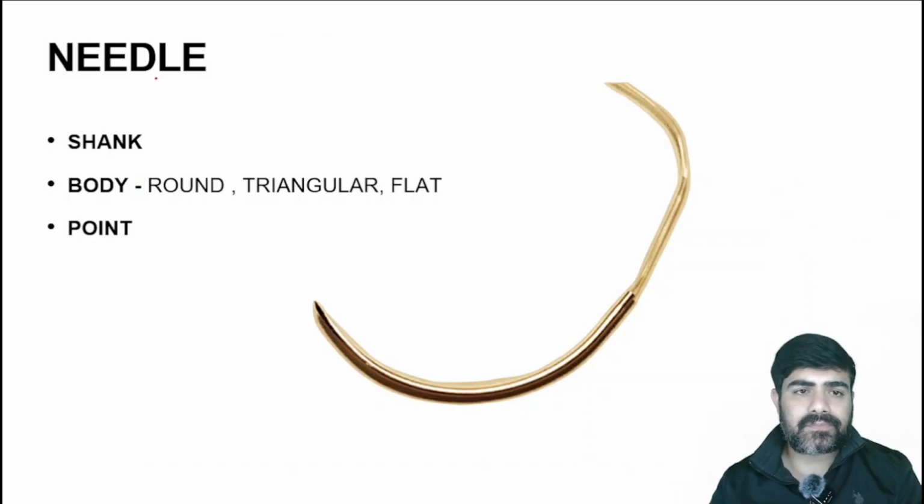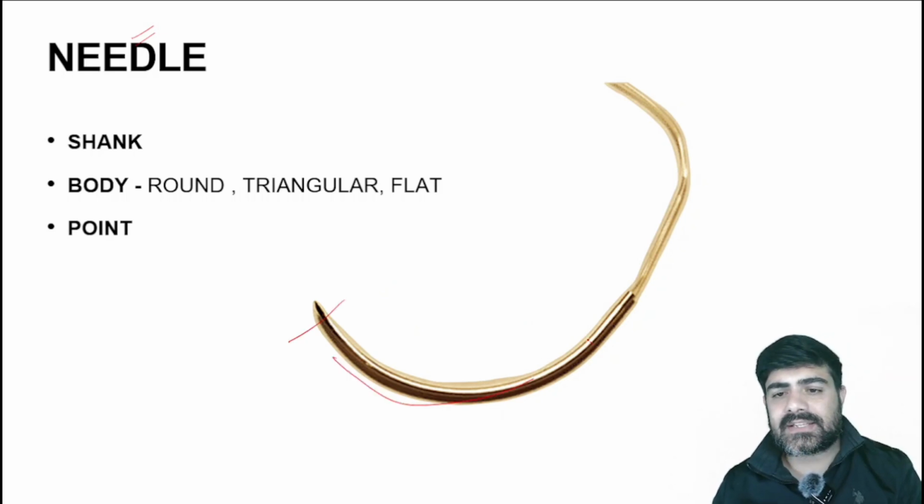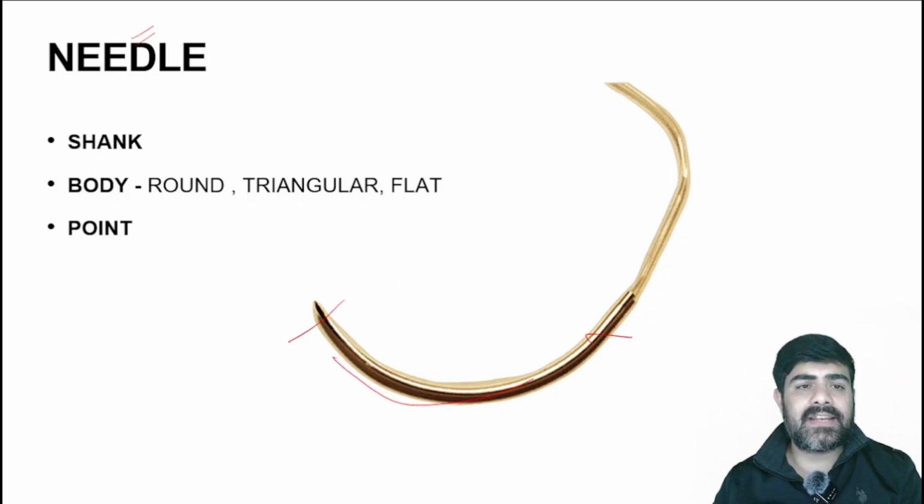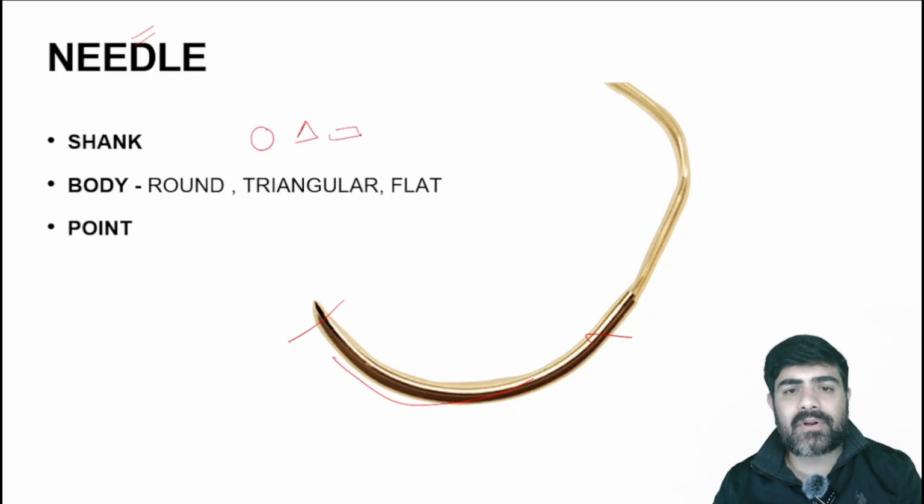Now needle. Know what a needle is? There is the shank, body, and point. This is the point, this is the body, and this is the shank. These are the 3 parts of the needle. The body can be round, triangular, or flat. Here we can see the different types of cross section. This is basically a round body with a taper point.